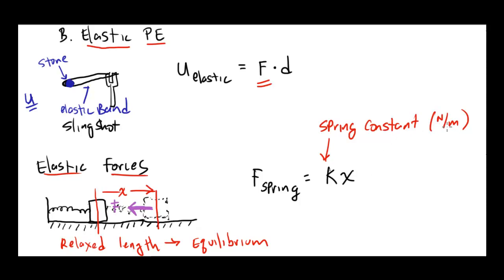That would be a very weak spring, right? 1 newton is not a lot of force, and 1 meter would be a big distance to have this spring stretch. So spring constants can be substantially bigger. They can be thousands or even millions of newtons per meter. And then this is the distance stretched, of course.